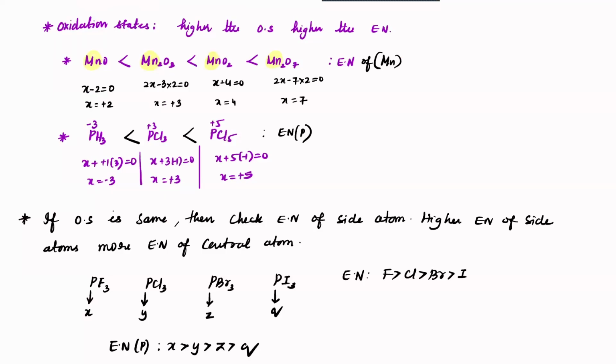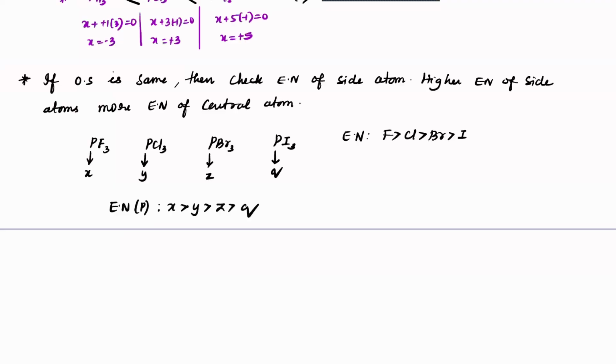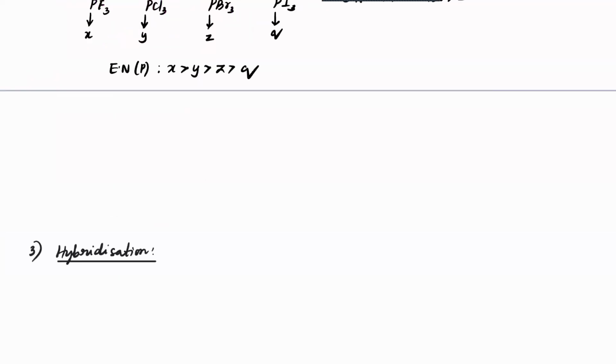Next, I told you about hybridization already. I'll give you two more examples for that. Suppose you have HOCl, HClO2, HClO3, HClO4. The oxidation state of chlorine here is +1, +3, +5, and +7. If I also compare HCl, the oxidation state is -1.